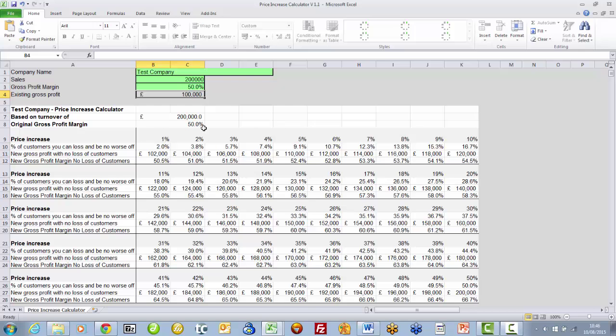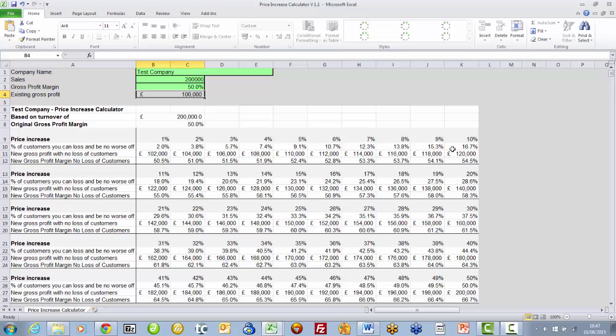You'll see down here that it's populated all of the columns. I always like to use this column here as the example: with a 10% increase in your prices and a 50% gross profit margin, you can lose nearly 16.7% of your customers, or call it 17% to round it up, and you'll not actually be any worse off.